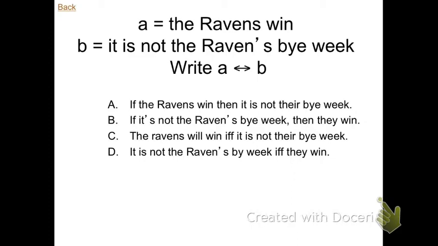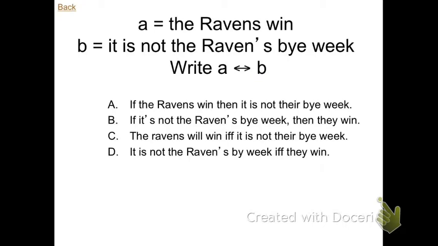A implies B and B implies A. Keep in mind that this biconditional is equivalent to saying that A implies B, but that also B implies A. These two statements are both true in a biconditional.